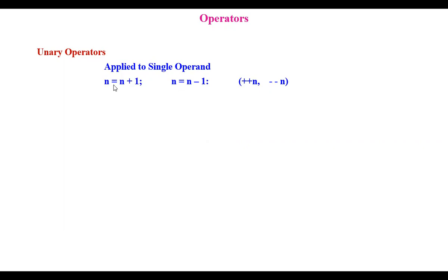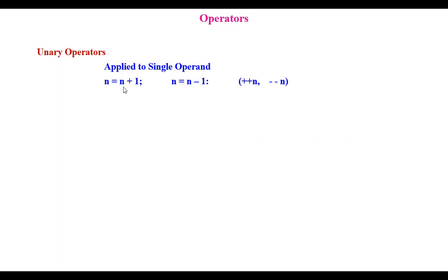This means the value on the right side is computed and assigned to n. Suppose on the right side you have 10, that means this value 10 is assigned to n.